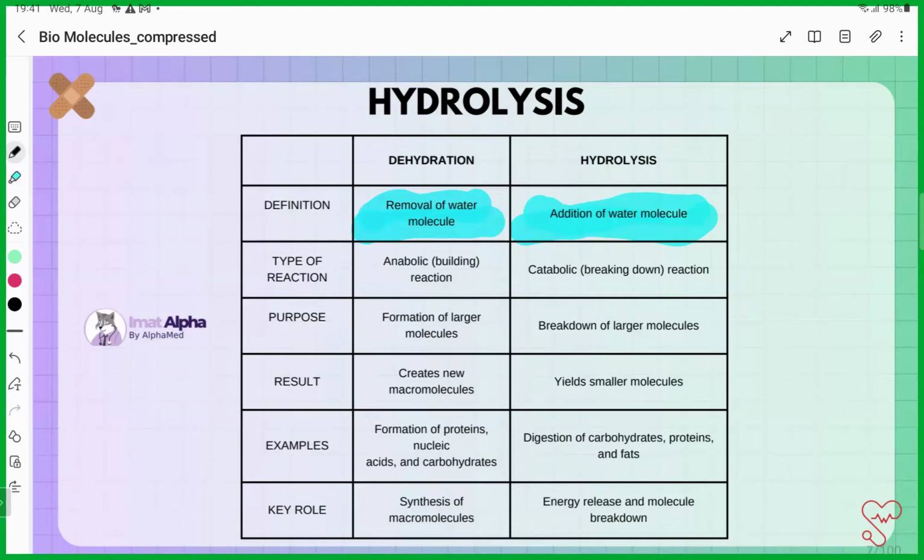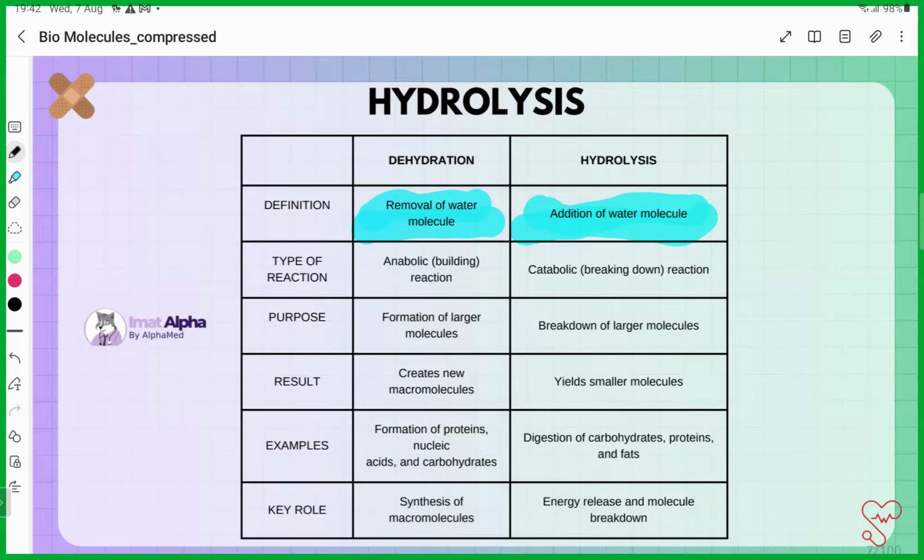The purpose of dehydration is forming larger molecules. As we said, let's say amino acids end up together, we end up with protein. However, hydrolysis is breaking down large molecules. The result of dehydration is creating new macromolecules, and hydrolysis yields smaller molecules.